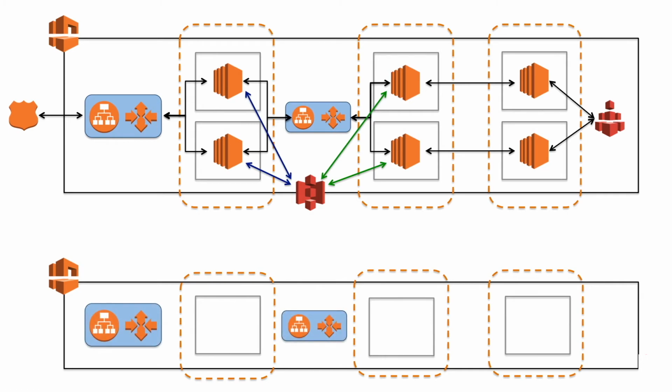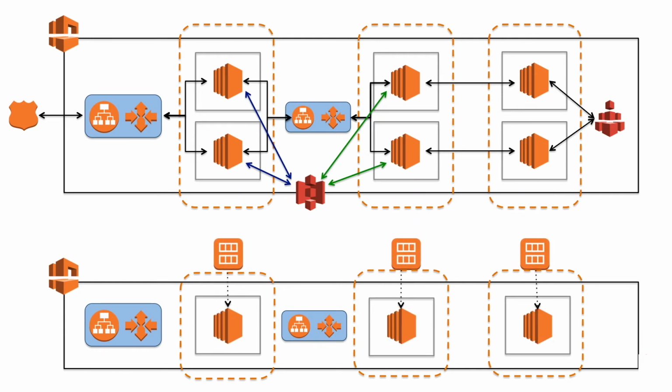Okay then, let's see how we replicate the entire environment above in the bottom section or in the DR site. For EC2 instances, create AMIs, copy them over to the other region and launch EC2 instances from there. Communication between these components would remain the same as that of the primary site. Okay, what about EBS?